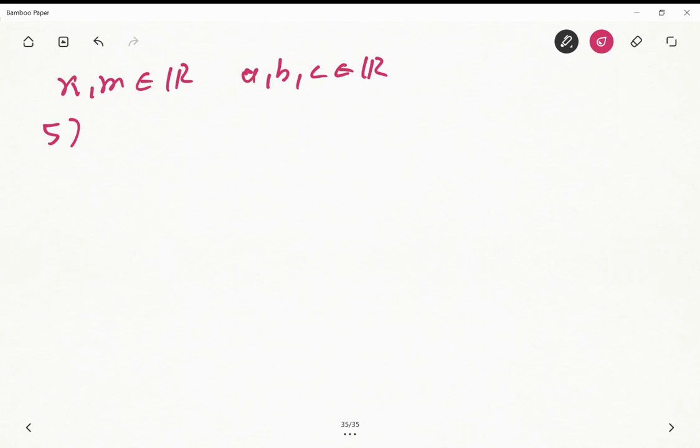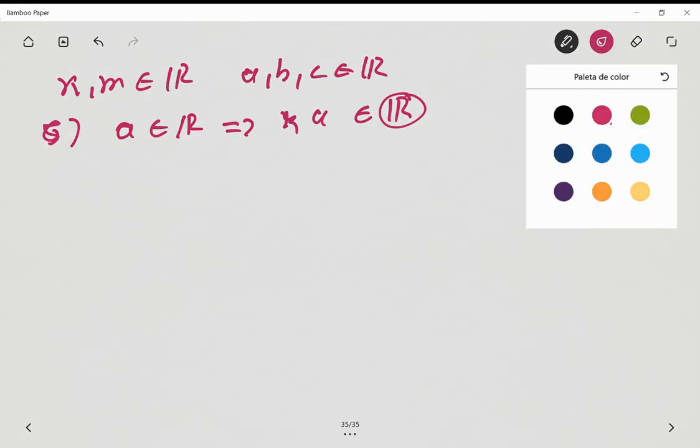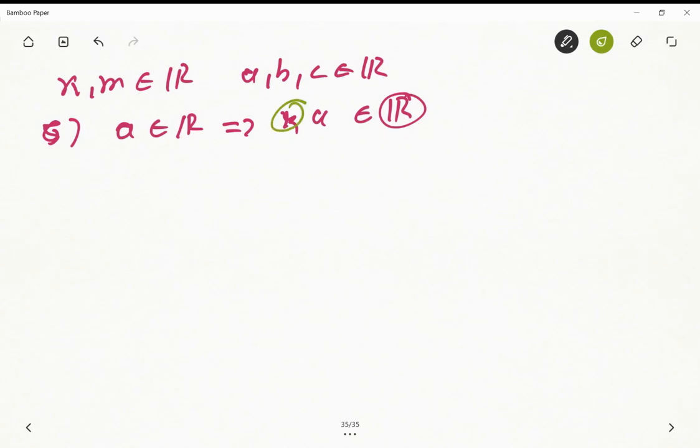Axiom number 6 says that if I take a vector and multiply it by a scalar, in this case k times a, this should also be part of the vector space, in this case R. Keep that in mind. This is true because this is just a multiplication of real numbers. The multiplication of two real numbers is again a real number, so this is true.